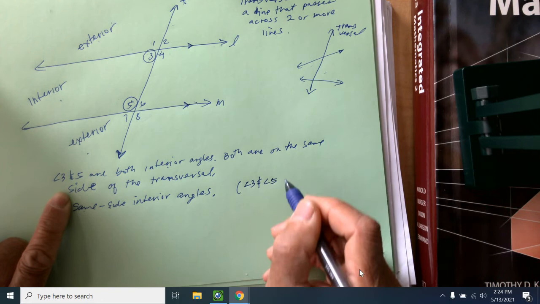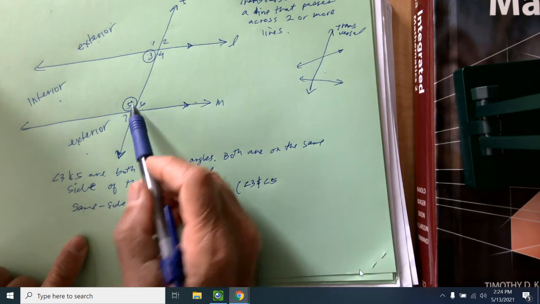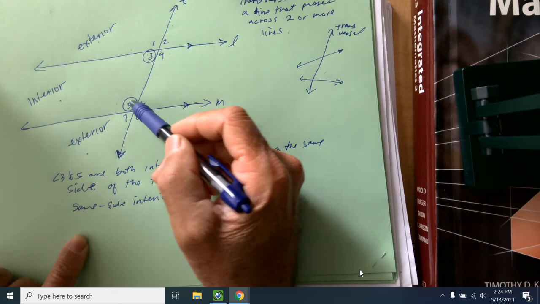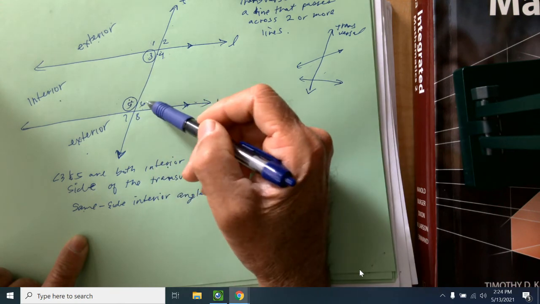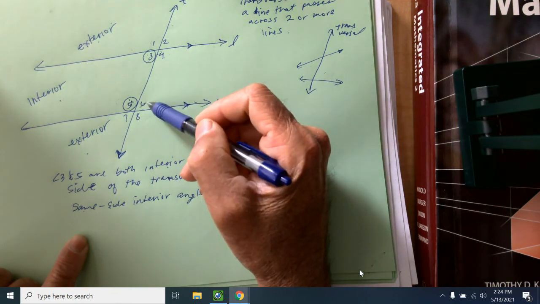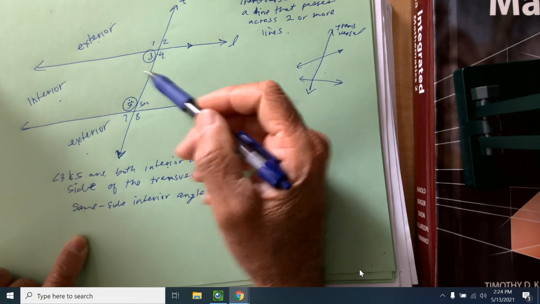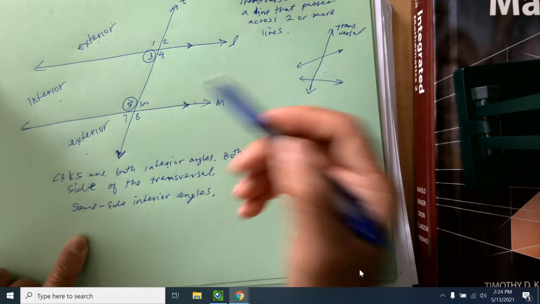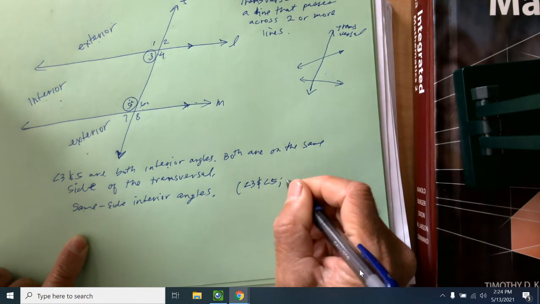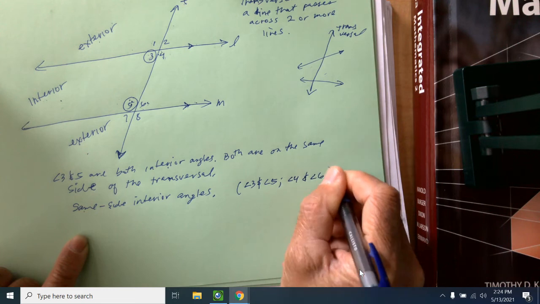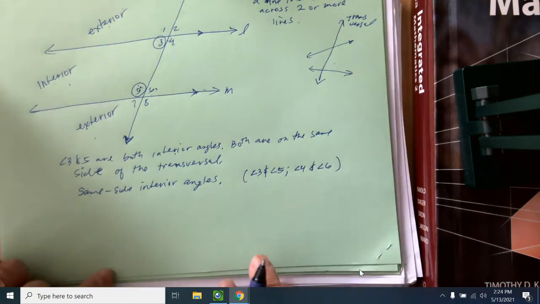Now notice they're not the only ones that are interior angles and on the same side of the transversal. 4 and 6 are also on the same side of the transversal. They're both on the right side, and they're both inside. They're both in between. So angle 4 and angle 6 also. Those are the same side interior angles.